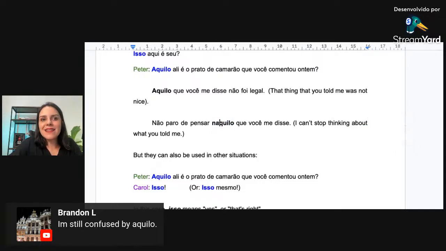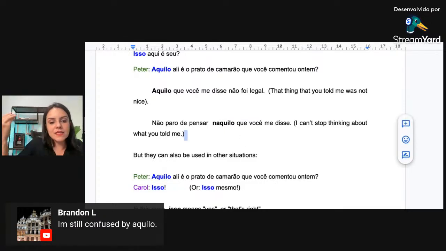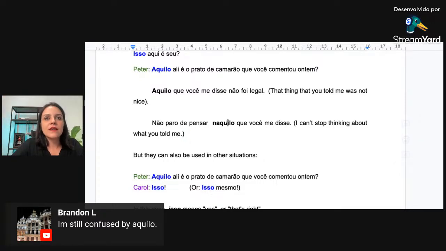So this na here, it's just connected here because this is the preposition em. And when we connect to aquilo, to a pronoun, we have to make na. Okay? It's like the rule for the article. Em plus a, na. So then, em plus aquele, aquilo, aquela, naquilo, naquele, naquela. Okay? So I can't stop thinking about what you told me. Okay? Não paro de pensar naquilo que você me disse.